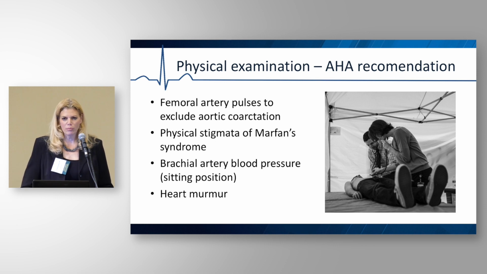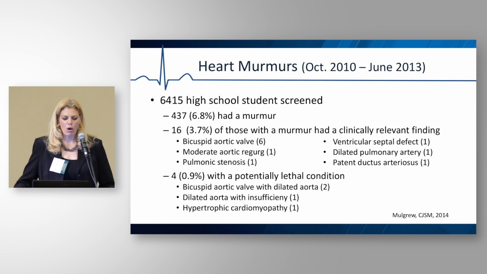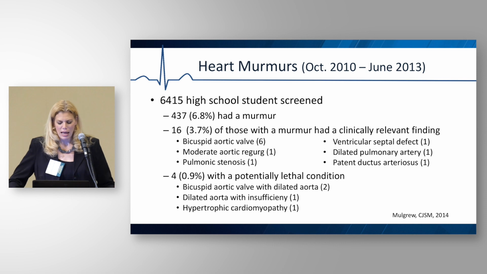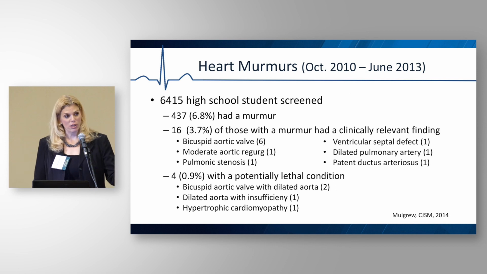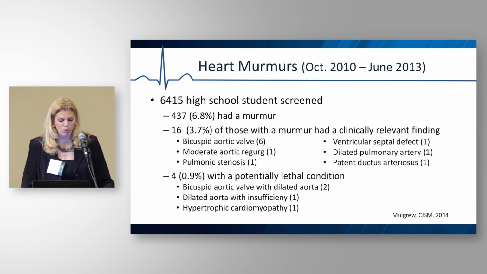And what we found with heart murmurs specifically is that in a cohort of about 6,500 high school students, about 7% of them had a murmur. And of those 7%, 16, or about 3% of the 7%, had something that was clinically relevant, and about 1% had something that could be potentially lethal. And so we found some things with physical exam that might be potentially lethal or potentially clinically important.